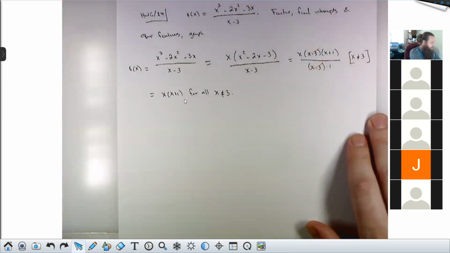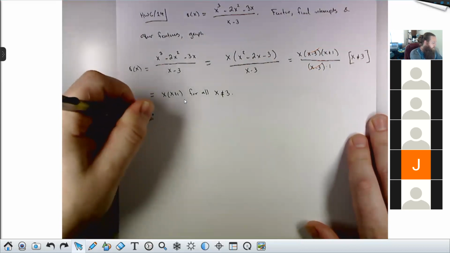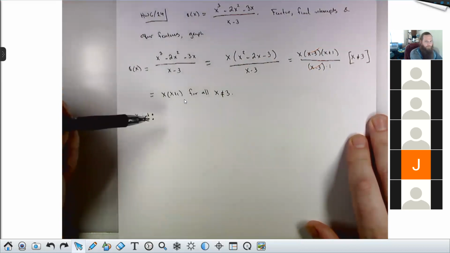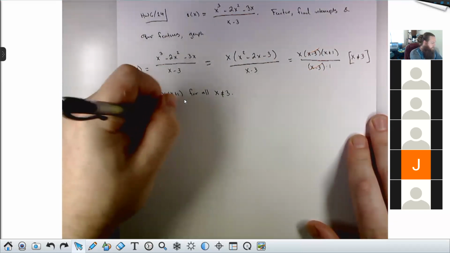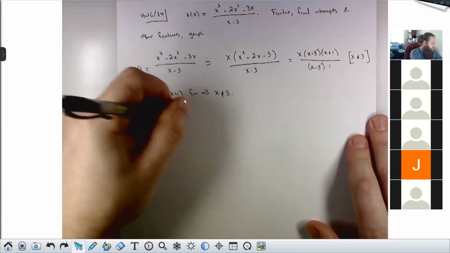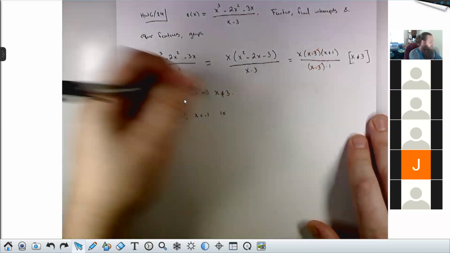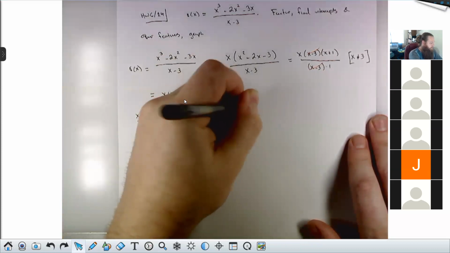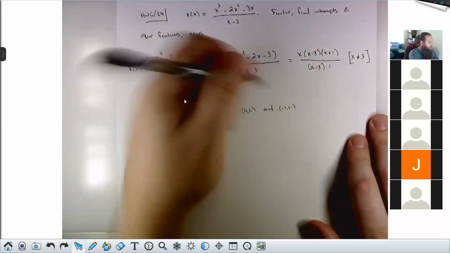So intercepts. X-intercepts come from this thing being equal to 0, right? And it's much easier to work with this form. So that's going to happen when x is equal to 0 and when x is equal to -1, i.e. we've got the following points, 0, 0, and -1, 0 for our x-intercepts.